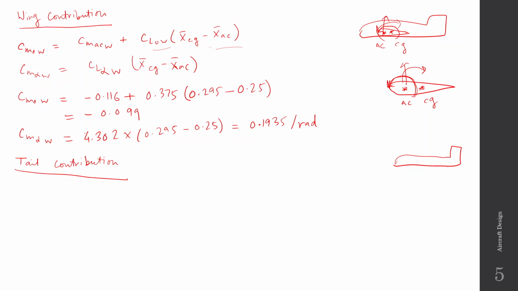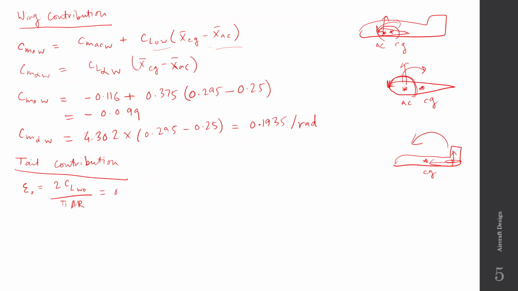So how does the tail produce a moment? Primarily, if this is the CG of the aircraft, the tail produces a lift, and when this lift acts over this distance, it produces a moment like this. Okay. So this is the mechanism by which it produces a moment. In this case, first we'll calculate epsilon naught. Epsilon naught is 2 CL wing naught by pi aspect ratio.